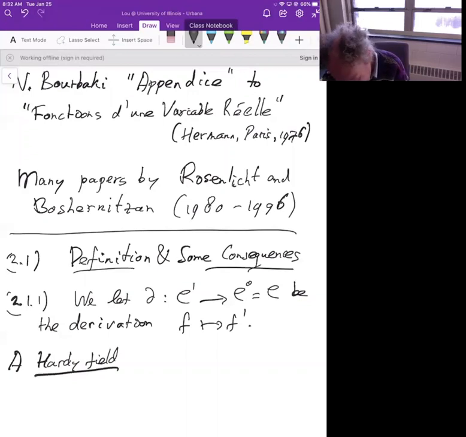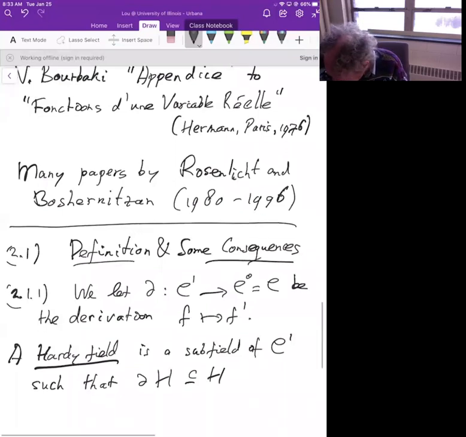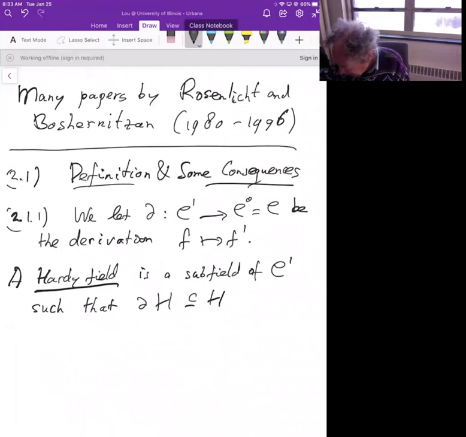A Hardy field is a subring which happens to be a field, such that it's closed under this derivation. But then you immediately notice that of course the derivative of an element of, oh, I should give it a name, capital H.